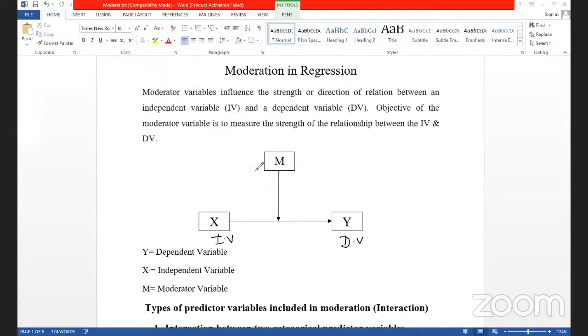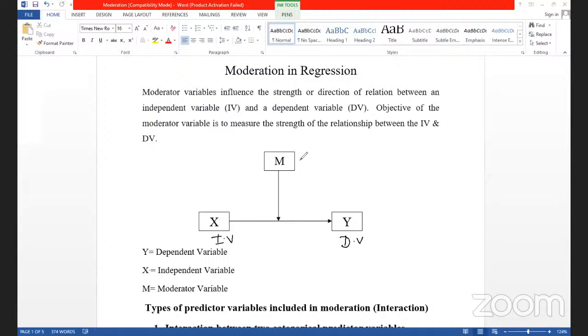So the moderator variable, what does a moderator variable do? A moderator variable influences the strength or direction of the relationship between one independent variable and a dependent variable.